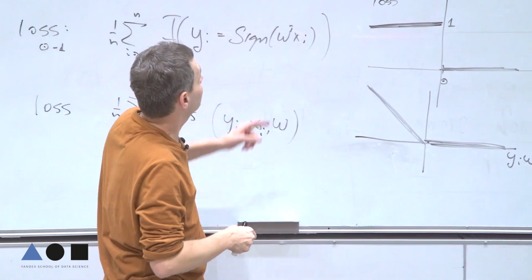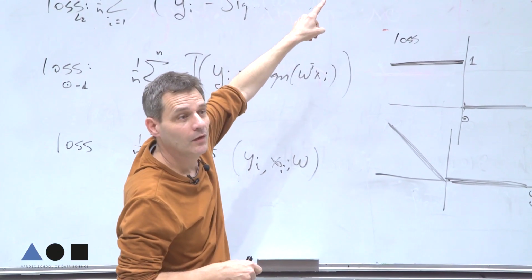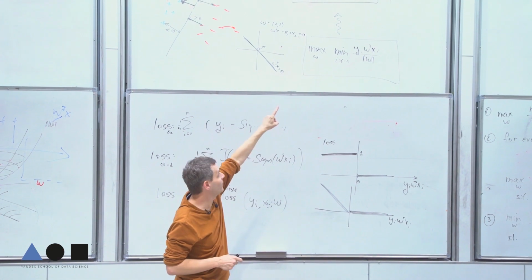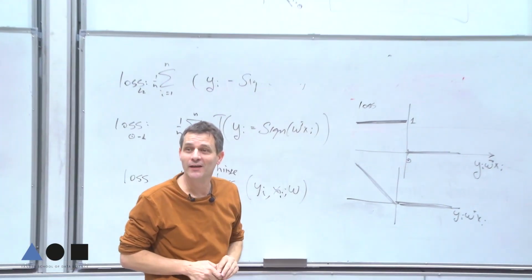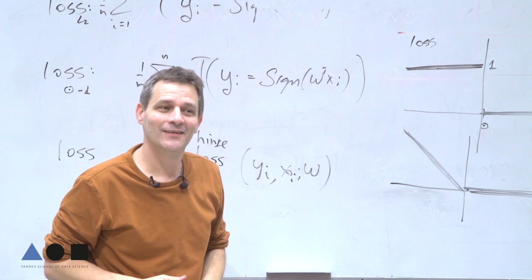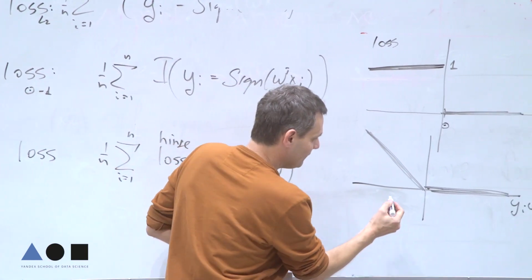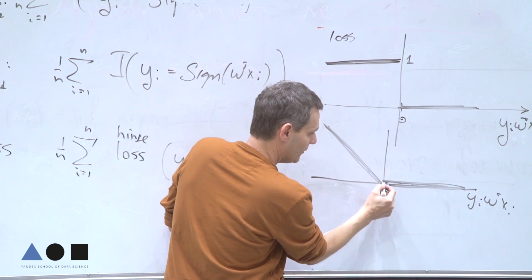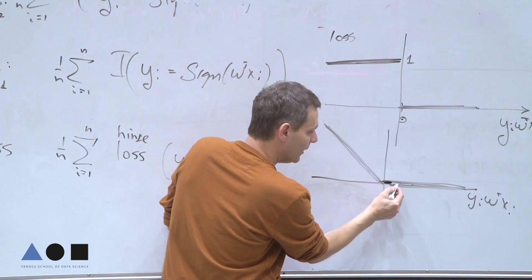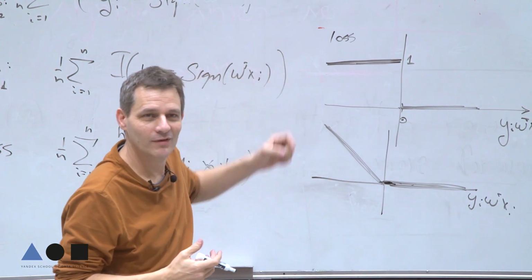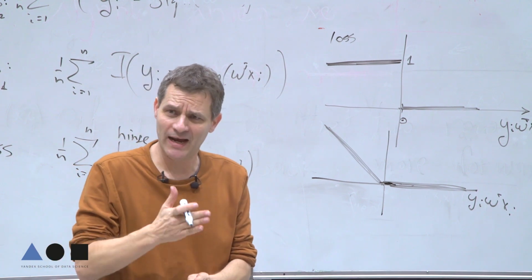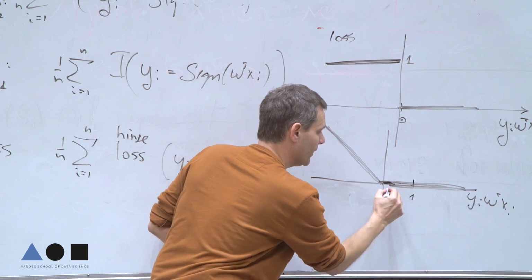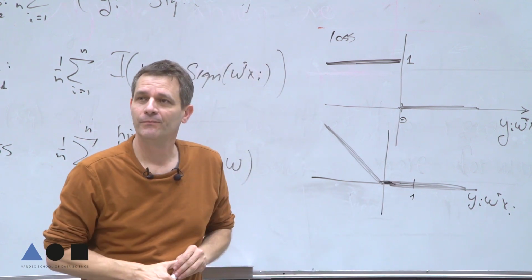What about here? Now it's not enough to be larger than 0 to be okay. You need to be larger than 1. So in a way, you care about that part. In this case, it's not penalizing. We ask you, you must obey. You must be larger than 1, not just larger than 0.